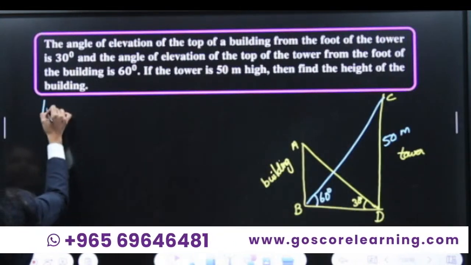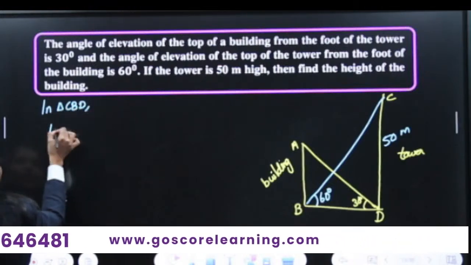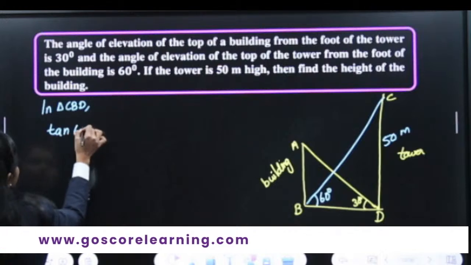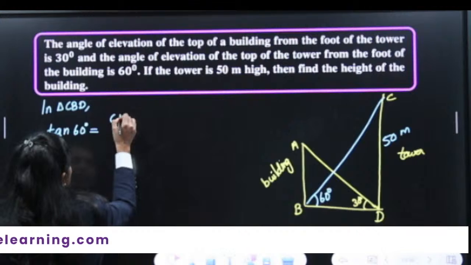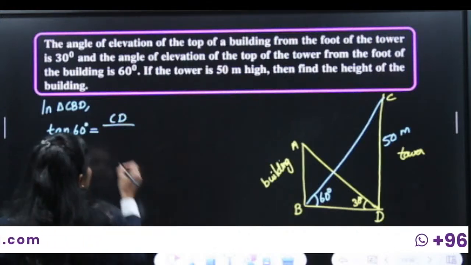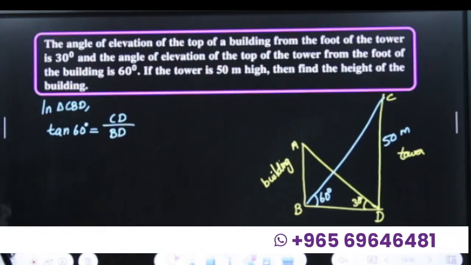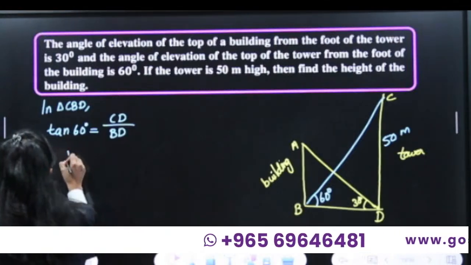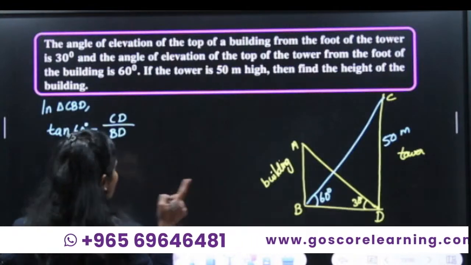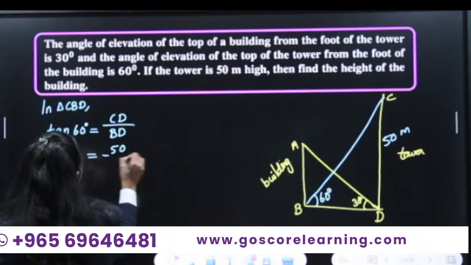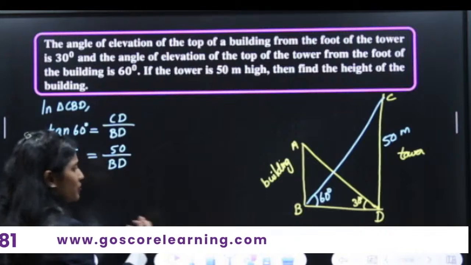So in triangle CBD, we can take tan 60 is equal to opposite side, that is CD, divided by adjacent side BD. Okay. What is tan 60? Root 3. Okay. Don't forget. Root 3, which is equal to CD is 50 divided by what is BD? We don't know. So we will find it. Don't worry. If we don't know, we will find it.